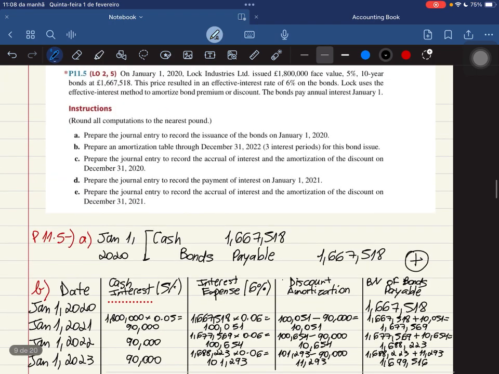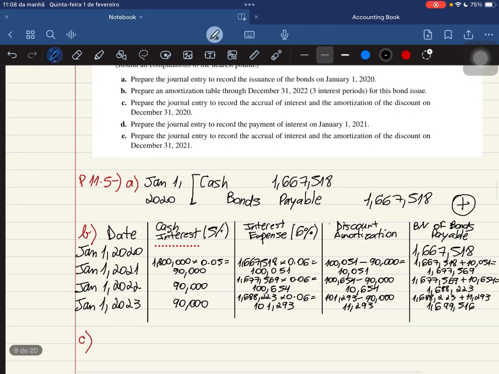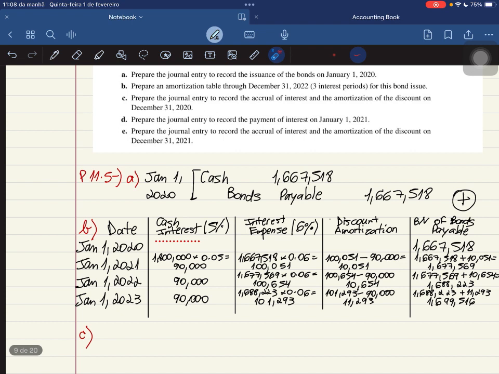Let's see what it says. Prepare the journal entry to record the accrual of interest and the amortization of the discount on December 31st of 2020. Well, like I said, on January 1st of 2021, that's when you pay the interest for the previous year of 2020. And the same thing is true for the next years. So it's always on January 1st, you pay whatever interest was due for the previous year.